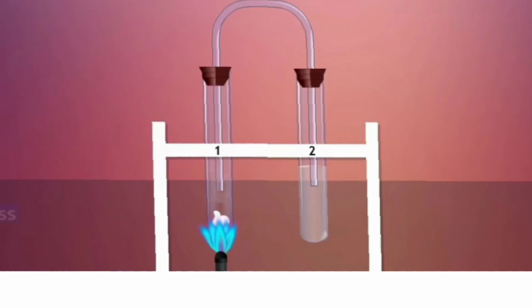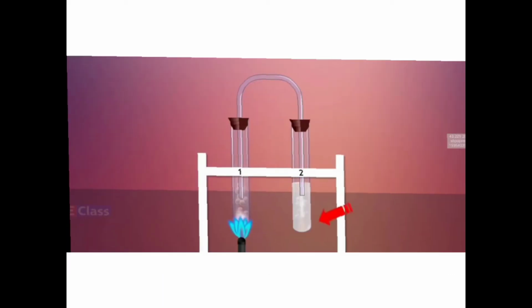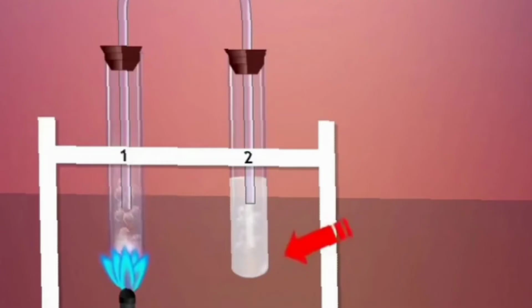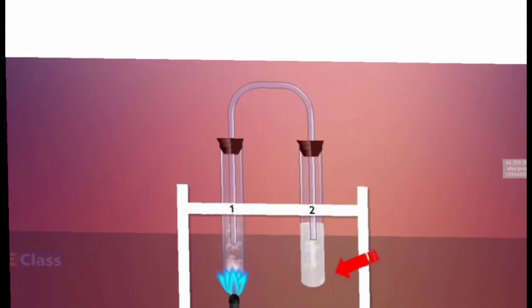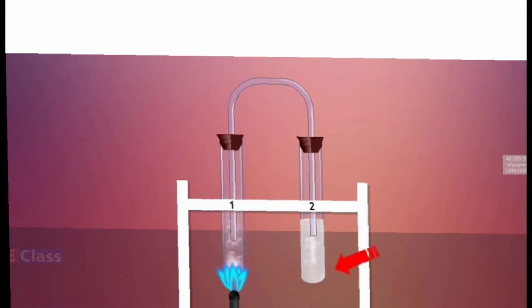So when the calcium carbonate is heated strongly, calcium oxide is made and carbon dioxide gas evolves out, passes through this U-tube and turns the lime water milky. So this is also the decomposition reaction.